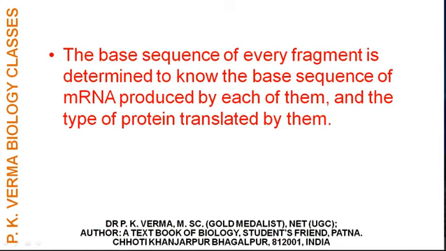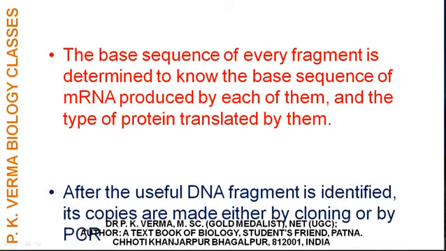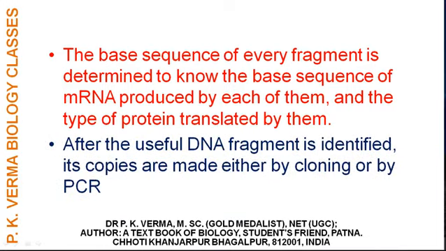Now the base sequence of every fragment is determined using a sophisticated apparatus, the automated base sequencer. After that, you can just know what would be the nature of messenger RNA formed on this fragment and which type of protein will be translated.